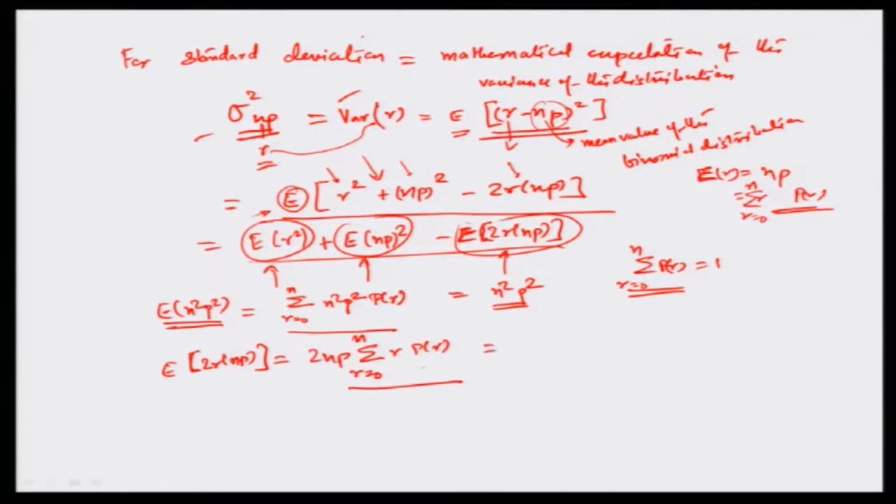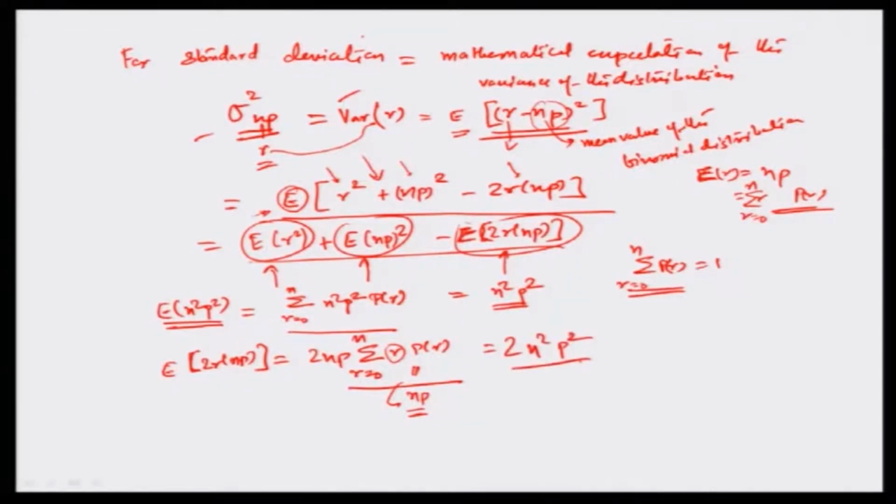So, this we already know as n p from our past derivation about the mean, where we assumed that there are about p percentage rejects in a sample of n, so that n p is equal to r, exactly as we had done for the mean of the probability distribution in the earlier slide. So, this becomes twice n square p square.